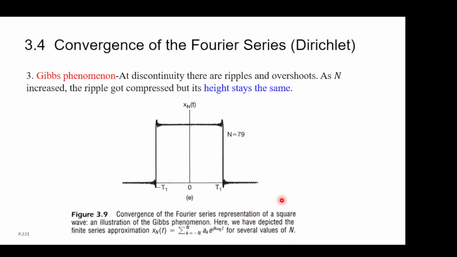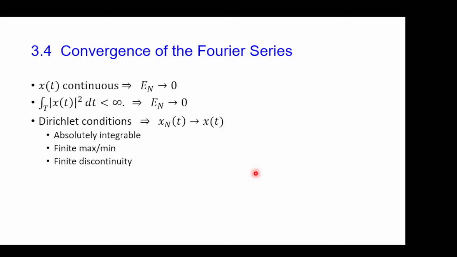Any question? Okay, none. Then here is a bit of summary. We have three conditions for the Fourier series. We define E_n going to 0 as our condition for convergence of the Fourier series, because E_n is what we can physically feel about a signal.